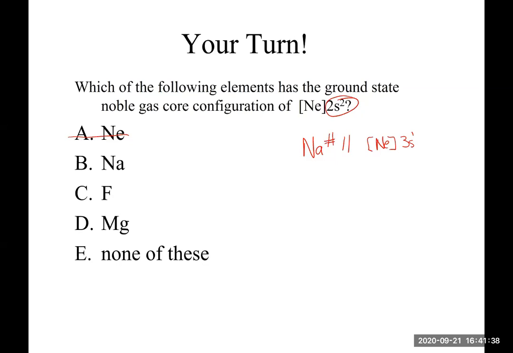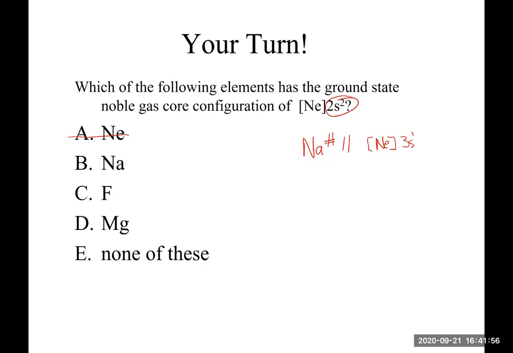Let's look at the next one, which would be fluorine. Fluorine has atomic number 9, and neon has one more electron than fluorine.